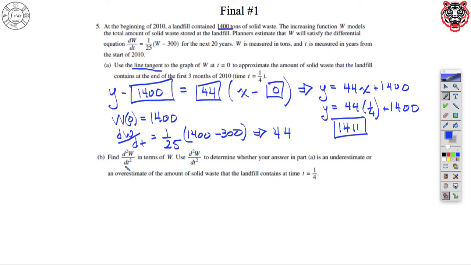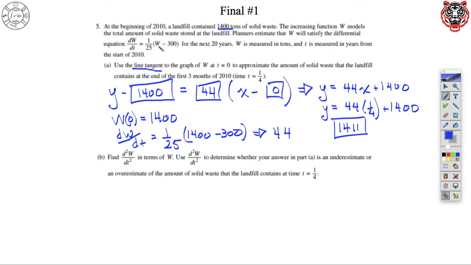All right, another almost equally hard part is finding the second derivative. And then we have to find if it's an underestimate or an overestimate at time equals 1/4. Okay, so second derivative. The tricky part about the second derivative of this function is it's with respect to t, not with w. If it was with respect to w, you'd just be done. It's 1/25, right?